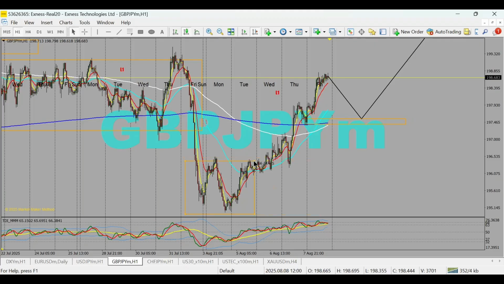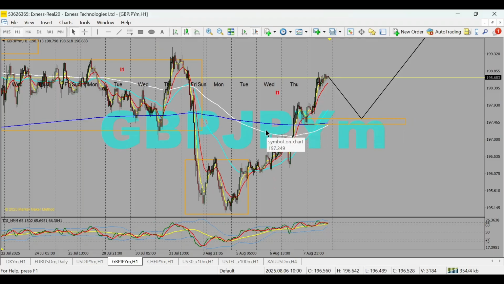So if we were to have a look at the H1 time frame, you can see that we are currently coming off of a peak formation low. This was our level 1 rise consolidation, level 2 rise consolidation. This was the last push, and we are simply expecting a reset, possibly to react here.